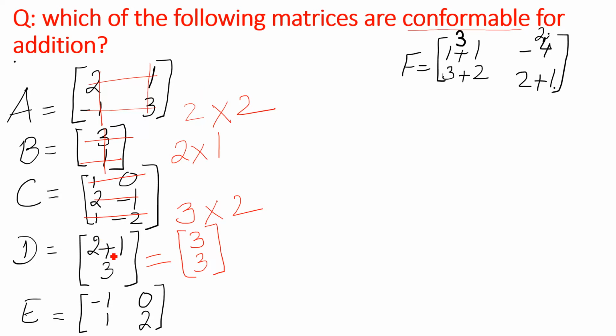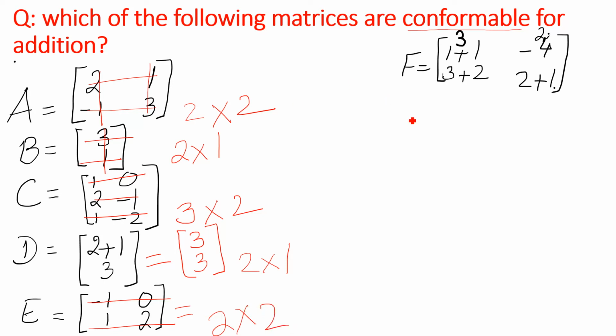See, these are together and there is a positive sign as well. It means we have to add. These are not two different elements. These are 1, 2 plus 1, 3, 3. Now its dimension is 2 by 1. The dimension of E is 2 by 2, 2 rows and 2 columns.